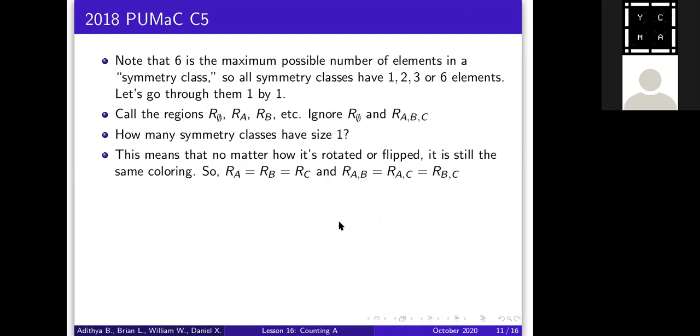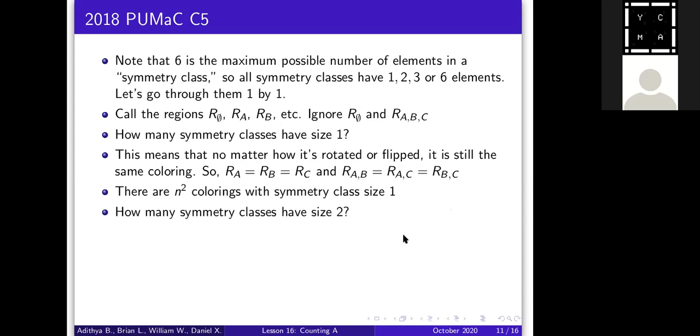So this means that RA and RB and RC all must be colored the same color since they can be swapped at will. And likewise, RAB, RAC, and RBC are also all the same color, so they can be swapped at will. But the 2 common colors of these 2 groups are independent. So this tells us that there are n squared colorings with symmetry class size 1. And technically there's n to the 4th, but remember we're ignoring our empty set and RABC.